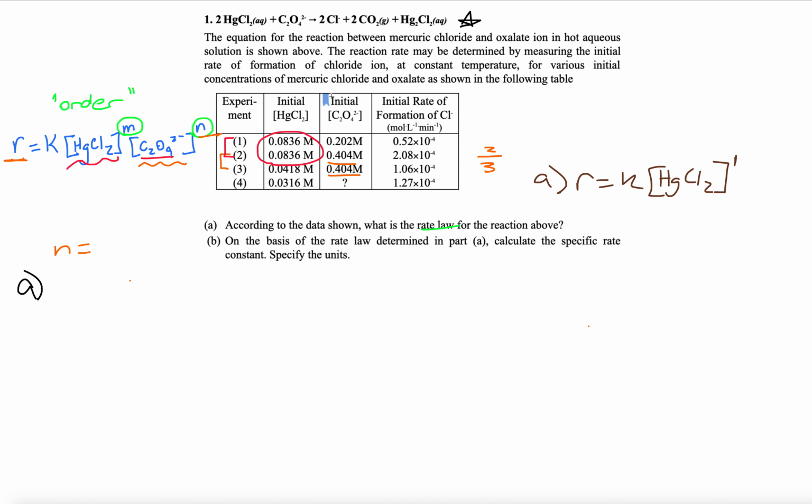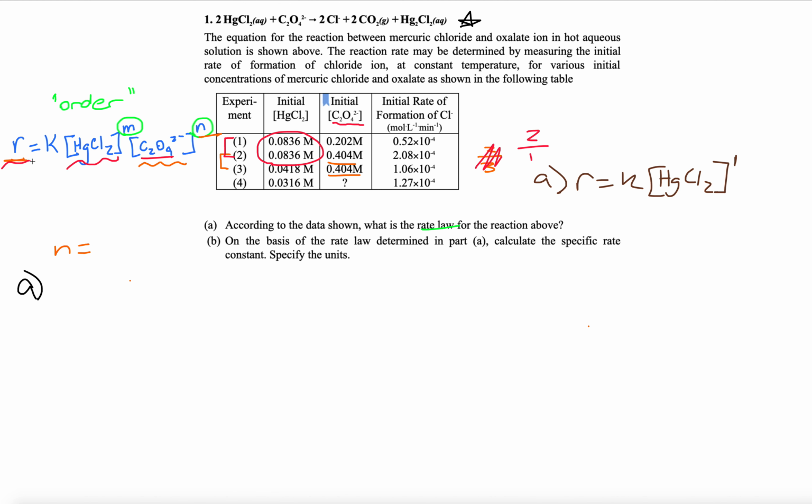Once you divide that, it's just going to cancel out and we'll only be left with C2O4. So now, which one will leave us with a fraction? If I do experiment 1 divided by 2, it's going to be 1/2 for C2O4. If I do 2 divided by 1, 0.404 divided by 0.202 is equal to 2. So I want to do experiment 2 divided by 1.